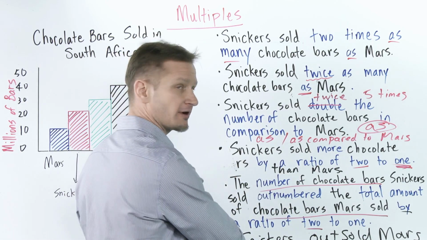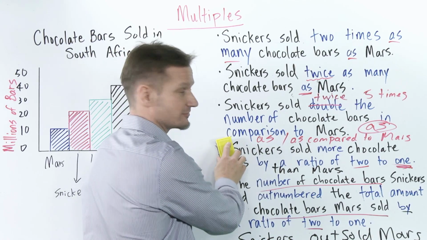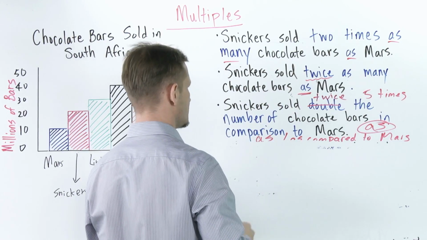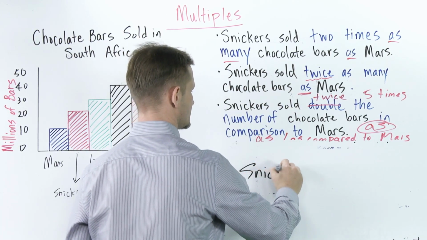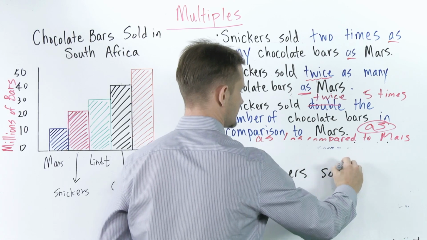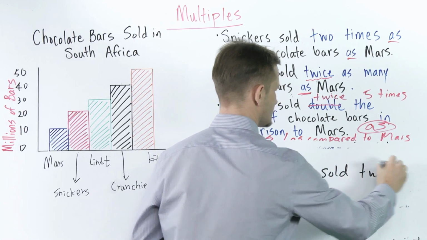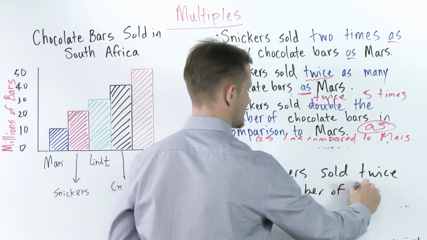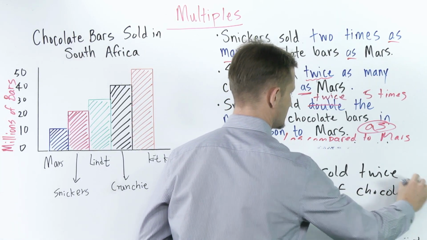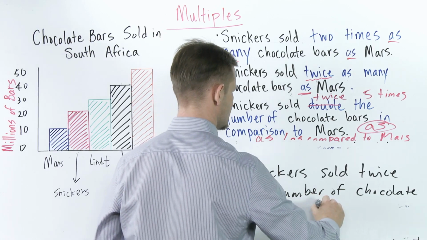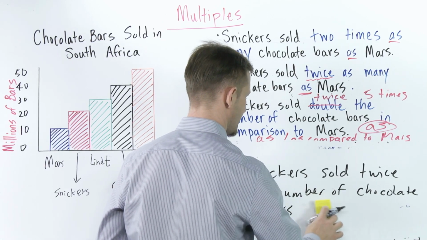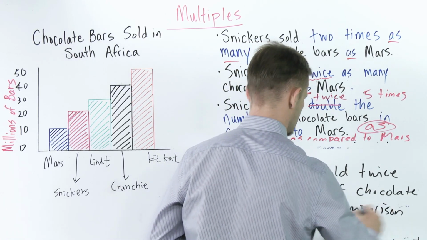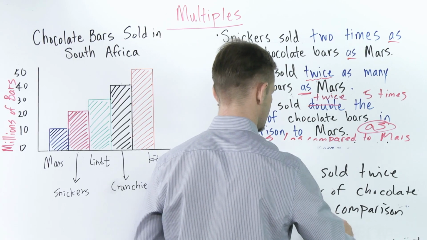I'm going to write a sentence on the board and show you what not to do. So, Snickers sold twice the number of chocolate bars as, in comparison to Mars, okay?